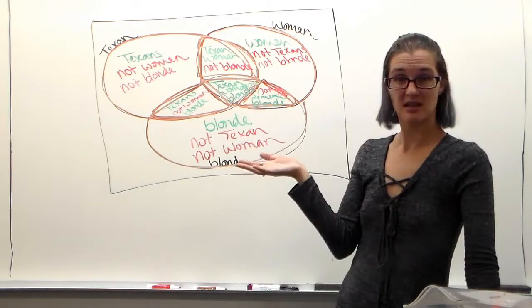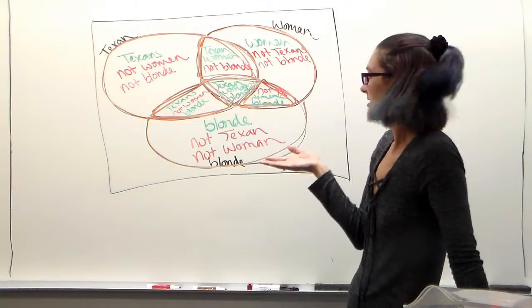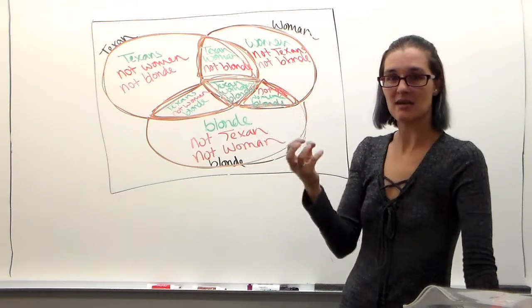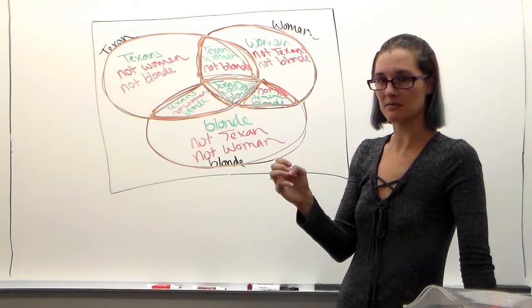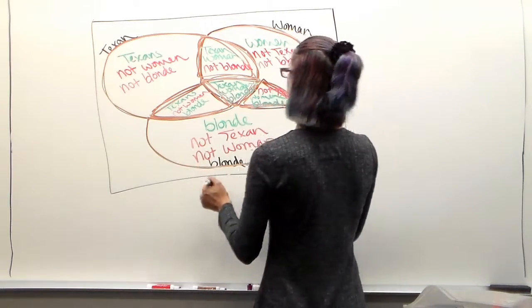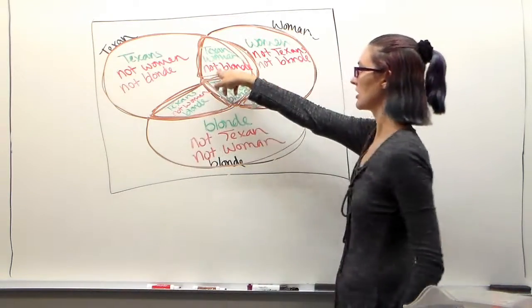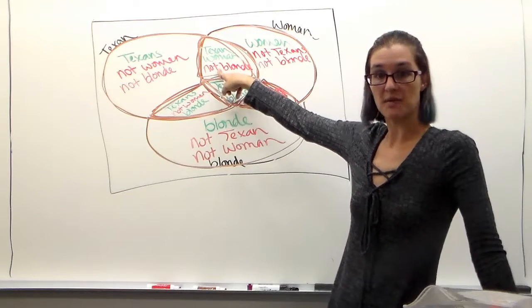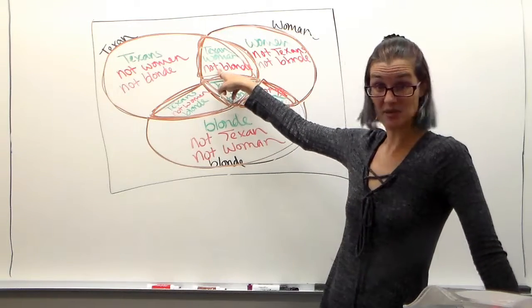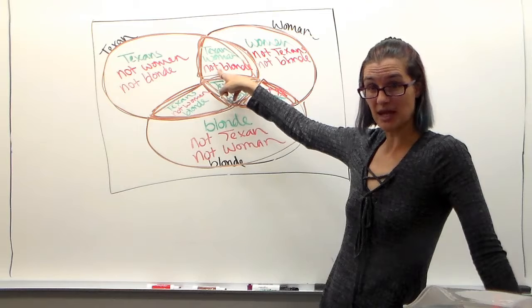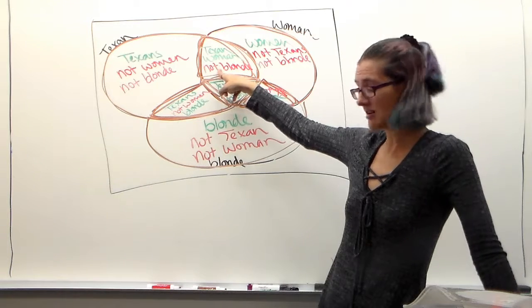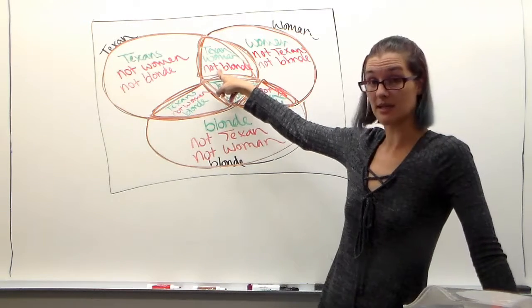Blondes, brunettes? Redheads, all of them? Which ones are we talking? I said, that's not specific enough. And I ask them what's in this section here. And they tell me Texas women. And I say, all Texas women? Even the brunettes, even the blondes, even the redheads, all of them? It's not specific enough.